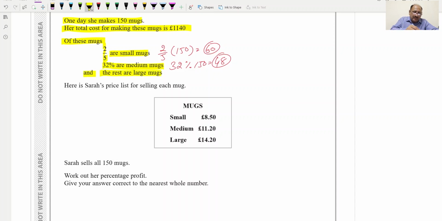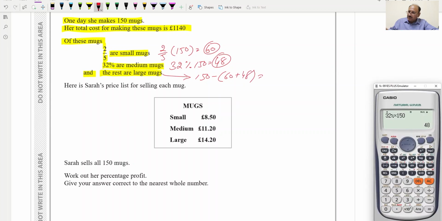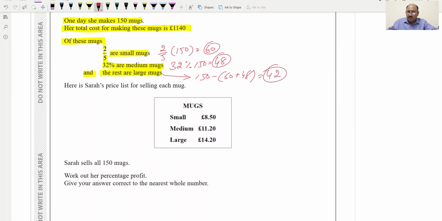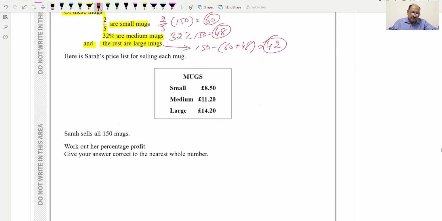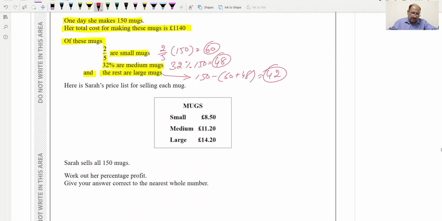So how many are the large mugs? Large mugs will be 150 minus 60 plus 48, which we can figure out. 60 plus 48 is 108, so it will be 42. So 42 are the large mugs. So now we have the distribution of the different sizes.